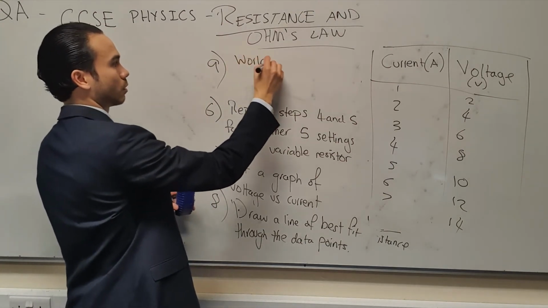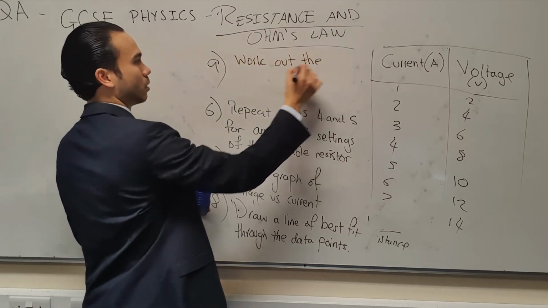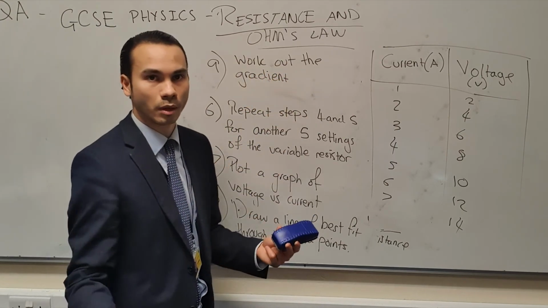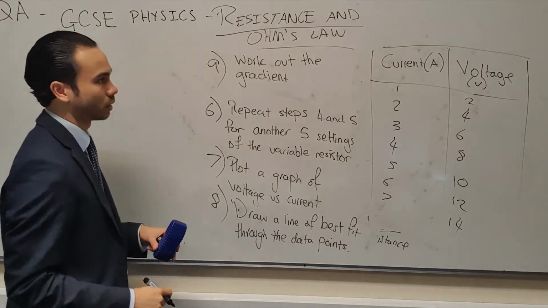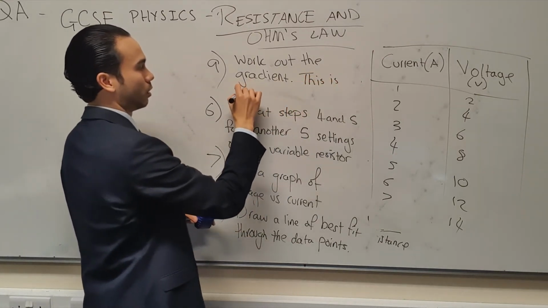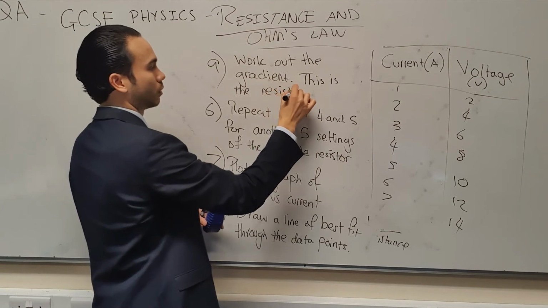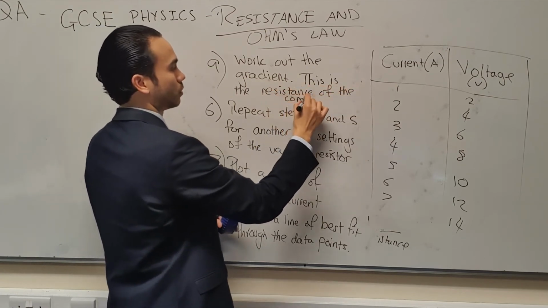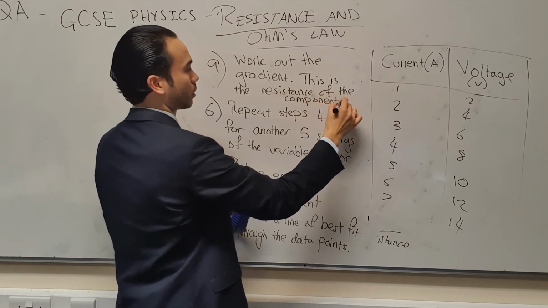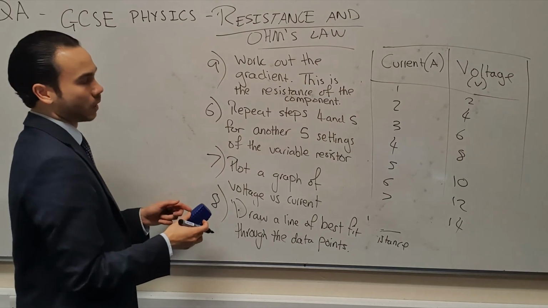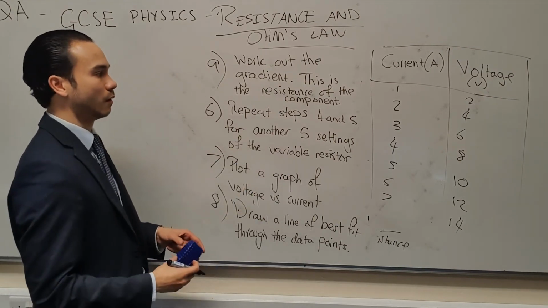Work out the gradient, which is rise over run, change in y over change in x. This is the resistance of the component. Okay? The average resistance of the component, because we've obviously taken a range of current values and voltage values.